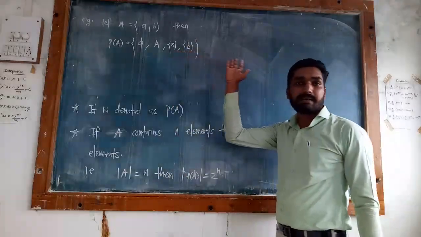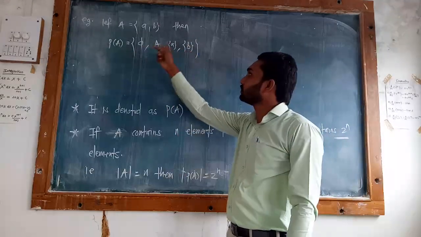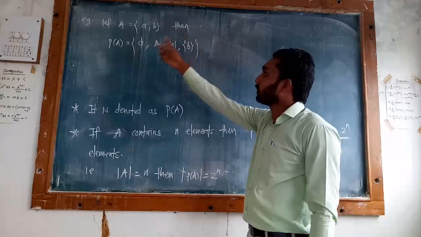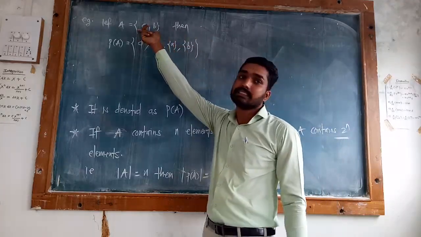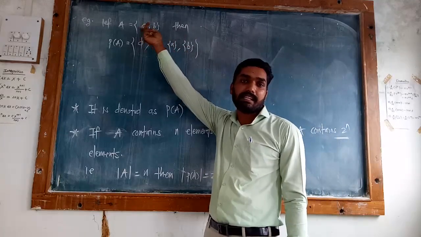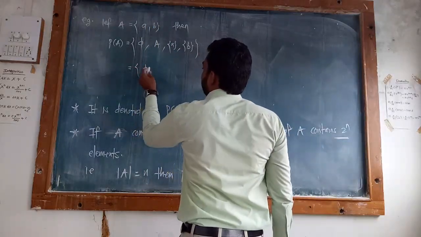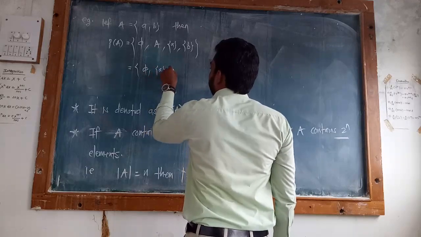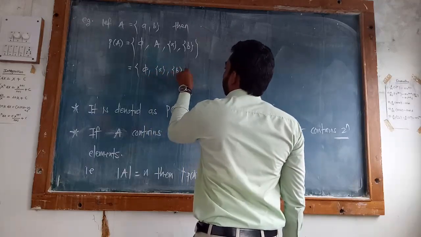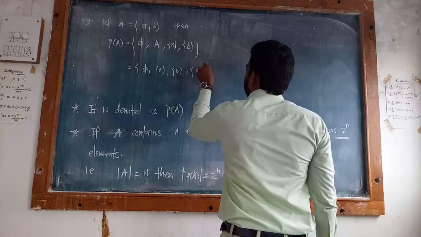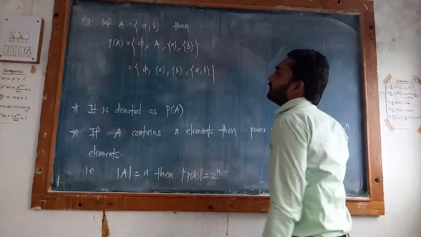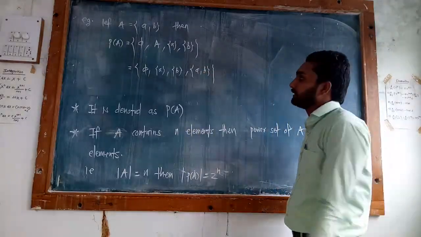So how many elements are in the power set of A? 1, 2, 3, 4. Right? So the power set is the empty set, singleton A, singleton B, and the set itself, that is A and B.